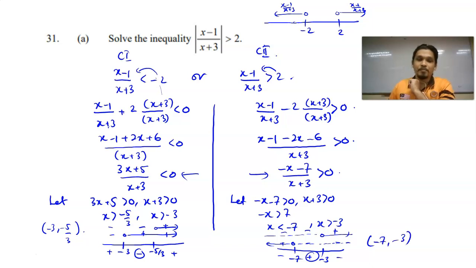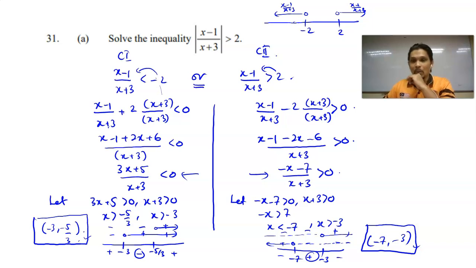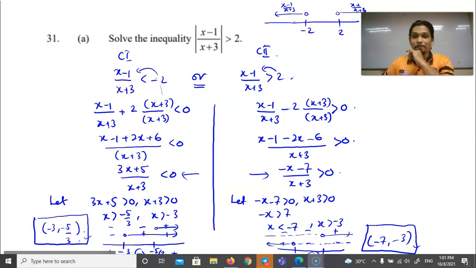Now, this is the solution set for case number 1, and this is the solution set for case number 2. Between these two, we are going to find the final solution set using the term of all. All means all of them.